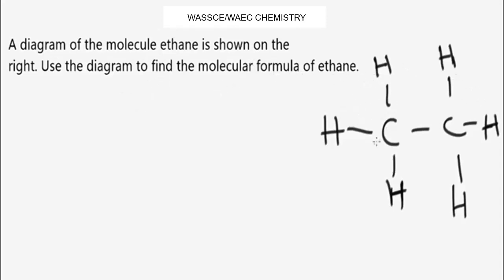To do this is very simple, guys. In this diagram, there are 2 carbon atoms and 6 hydrogen atoms. So this shows us that the formula for ethane will be C2H6.